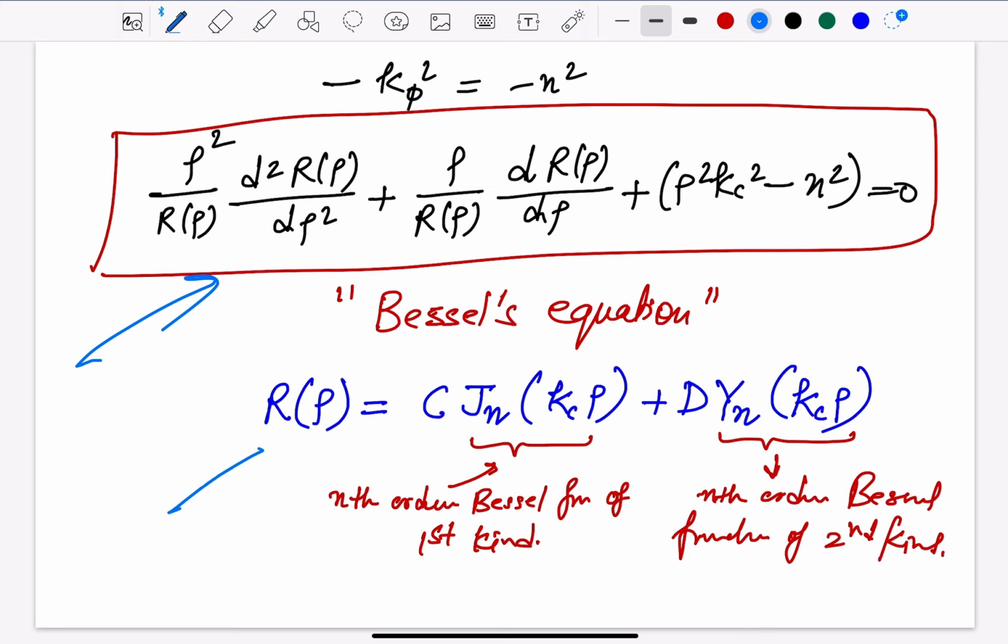And for the Bessel equation we have this general solution, where Jn is the nth order Bessel function of the first kind, and Yn, with the argument kc rho, is the nth order Bessel function of the second kind.